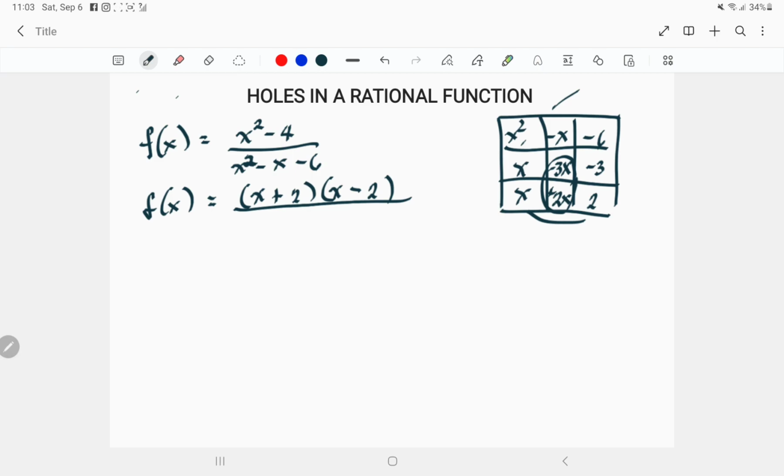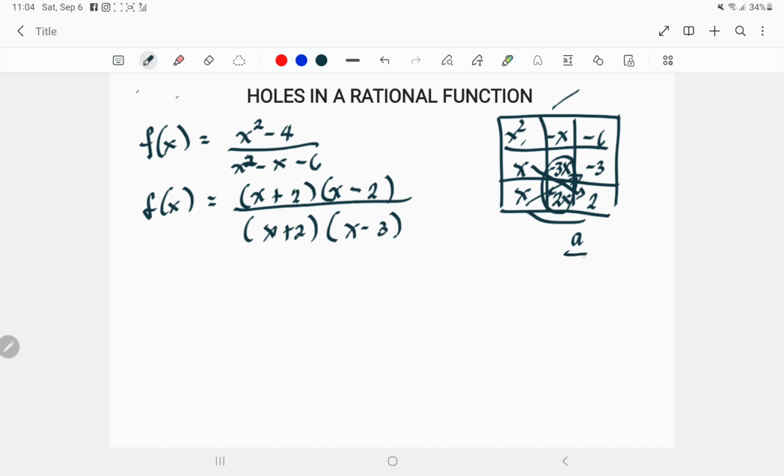So one of the factors is x plus 2, and the other factor would be x minus 3. Now you can see here that in the numerator x plus 2 is found, and in the denominator x plus 2 is also found. Therefore, we can actually apply cancellation here.